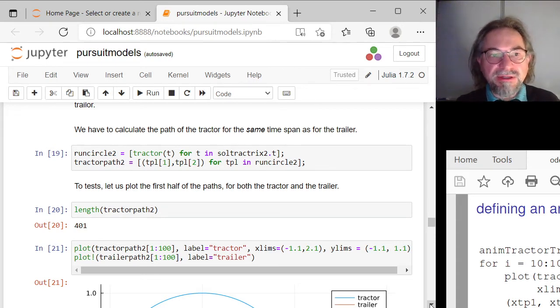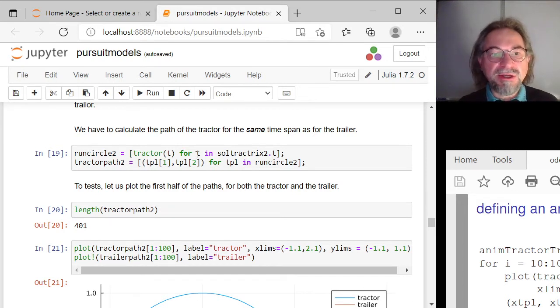So the tractor must have the same coordinates. When we plotted the circle, I was taking samples between 0 and 2 pi. Now we have a time span that is computed by the ODE solver, and that is returned in this t field.